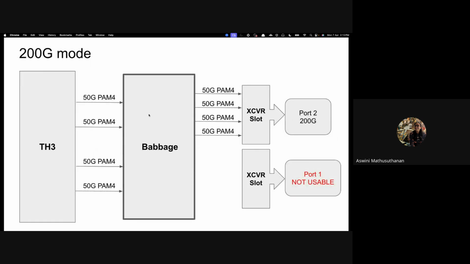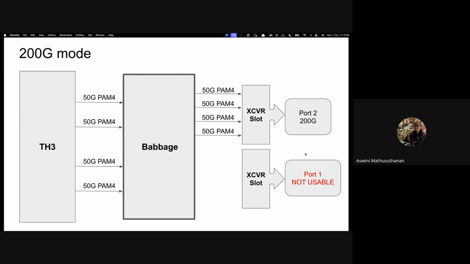All right. It's the same here in 200 gig mode. Here we are already operating at full capacity, which is 50 gig, and a 200 gig transceiver is inserted in the slot. We said there are 4 SerDes per pipe, and it's going to use all four SerDes, and the corresponding odd port will go unusable.